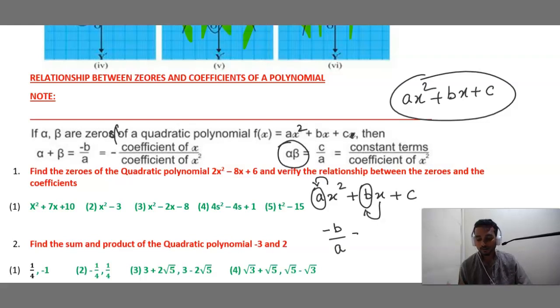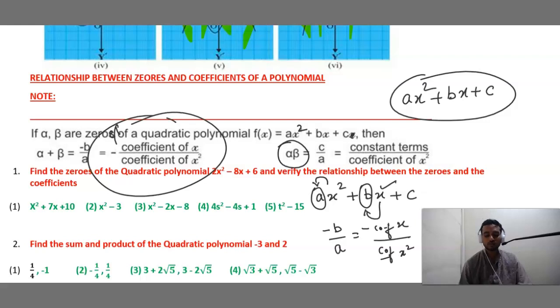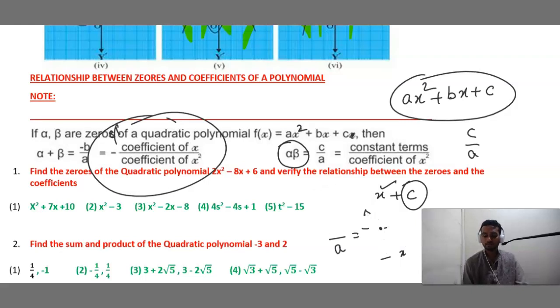Here also we write the same thing: minus b, the coefficient of x, by a, the coefficient of x square. Can you see this formula now? Same way, c by a. What is c? The constant term. C by a, where a is the coefficient of x square. That is what I have written here. Understood, children?